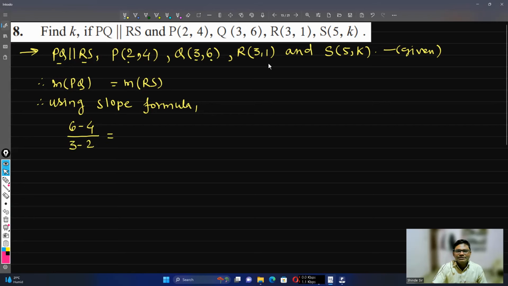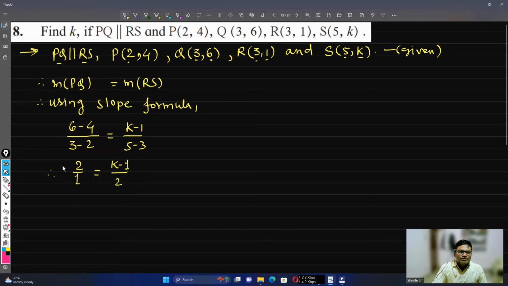Similarly, on the right side, slope of RS must be equal to K minus 1 upon 5 minus 3. Therefore, 6 minus 4 is 2 and 3 minus 2 is 1, equals K minus 1 as it is, and 5 minus 3 equals 2.